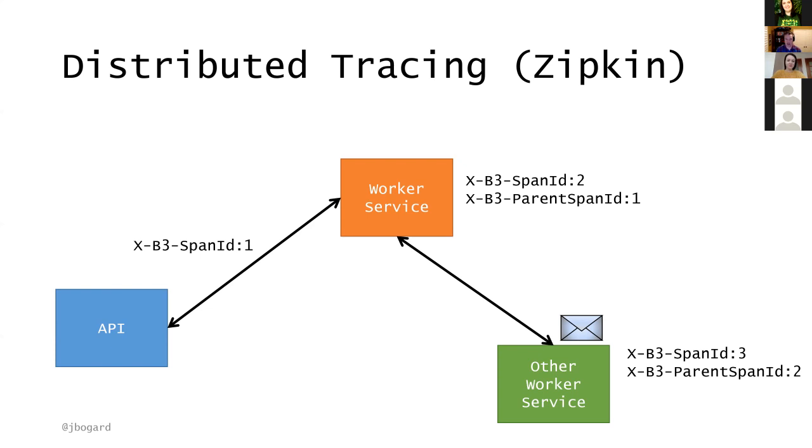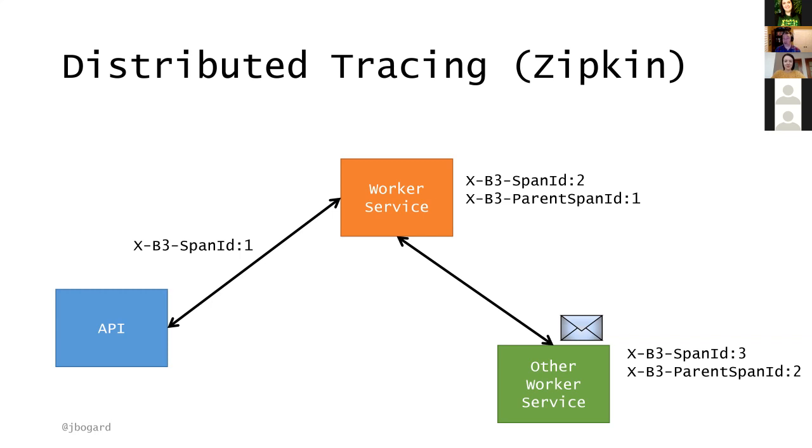They invented an extension header for this, x-b3-span ID, very important, to identify that request as well as identify the parent request. So as these requests get made through the system, something can look at these very special headers to figure out how these different requests stick together.